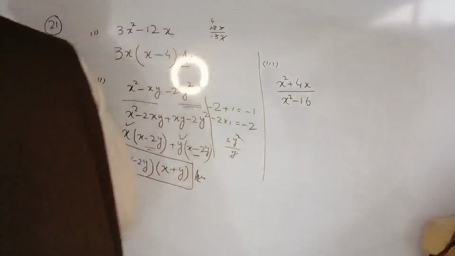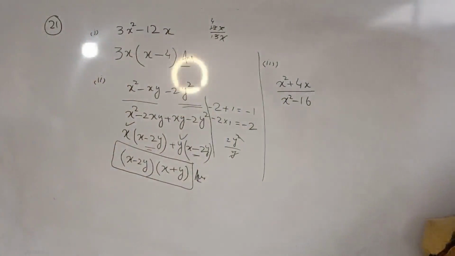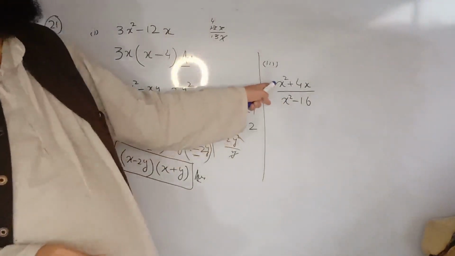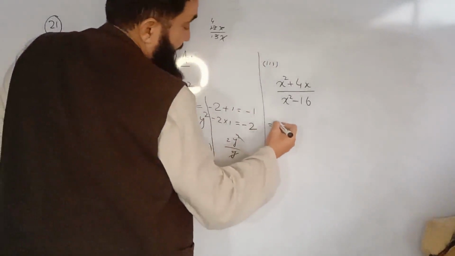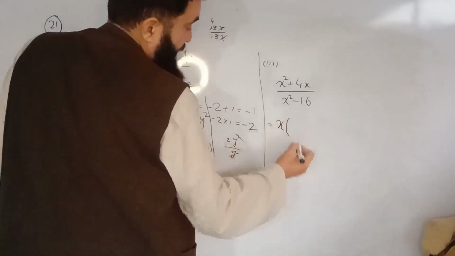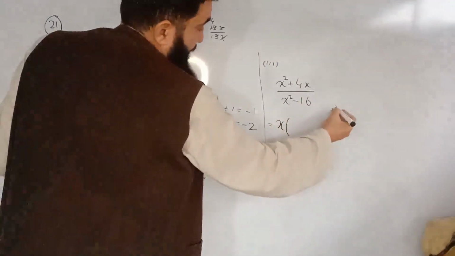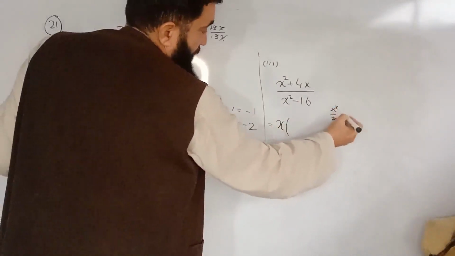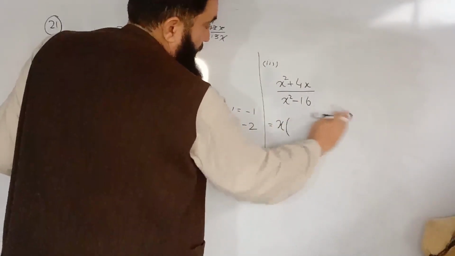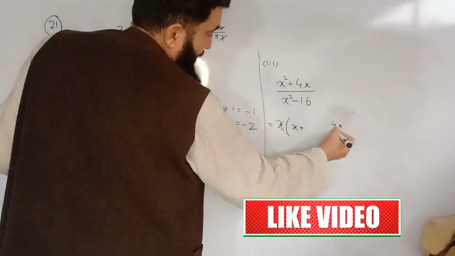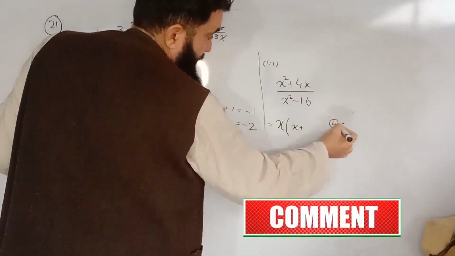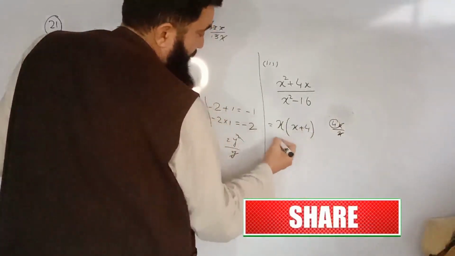Actually, we have to factorize numerator and the denominator separately and then simplify them. From the numerator, we can take x common. When you take common, x square divided by x becomes x. So here we get x plus, this is 4x divided by x, x is cancelled, we get 4. So this is 4 here.